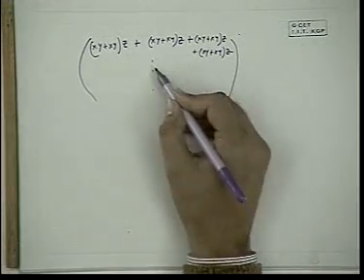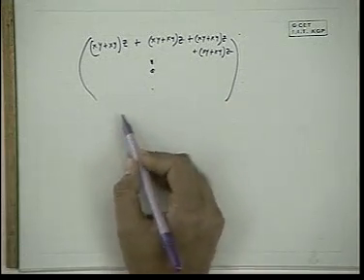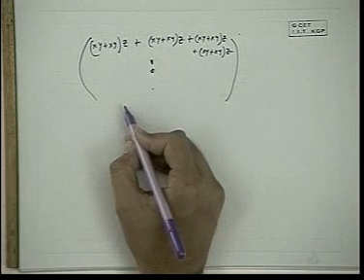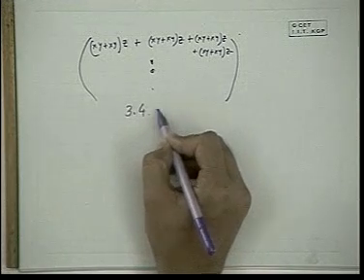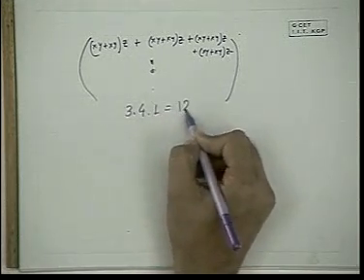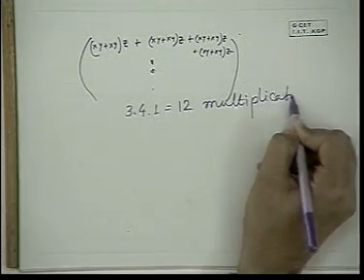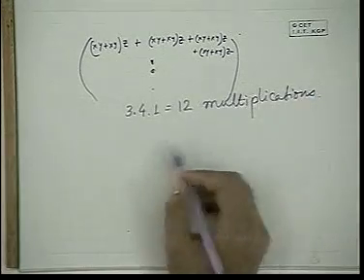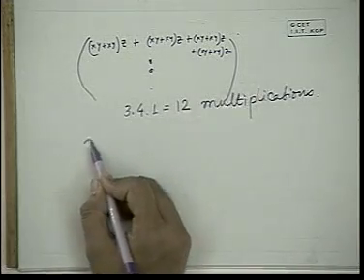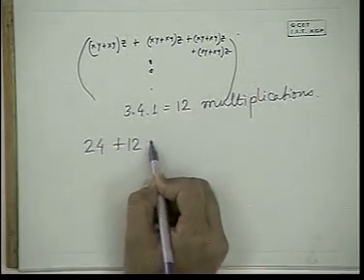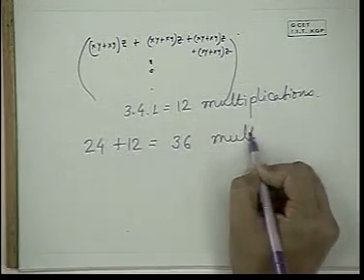So this will be 3 cross 1, and how many multiplications will this last step take? It will take 3 into 4 into 1, so there will be 12 multiplications. Now what is the total number of multiplications we performed to get the final solution? 24 plus 12 is 36. So total 36 multiplications we used.